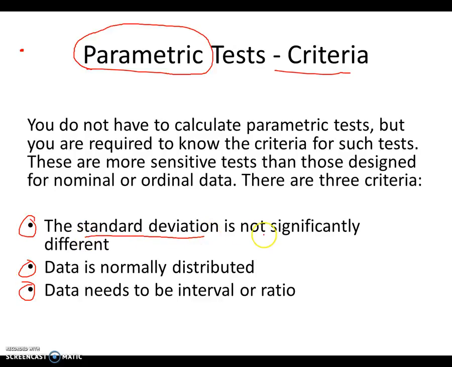Standard deviation is not significantly different, data is normally distributed, and data needs to be interval or ratio. You don't need to know why, you don't need to know how, just know those 3 justifications. Okay.